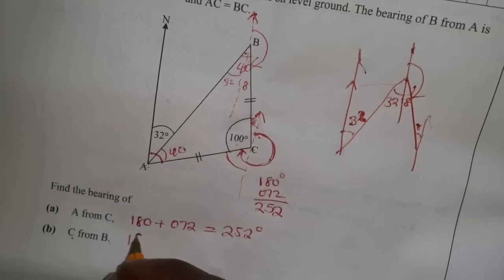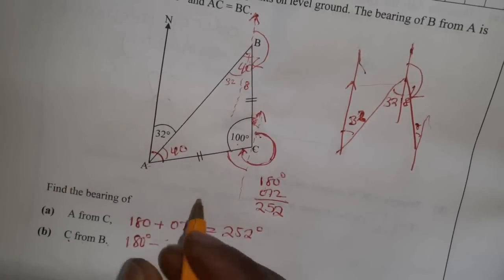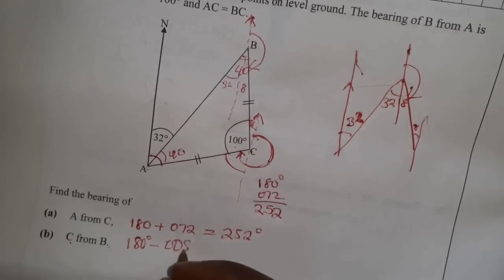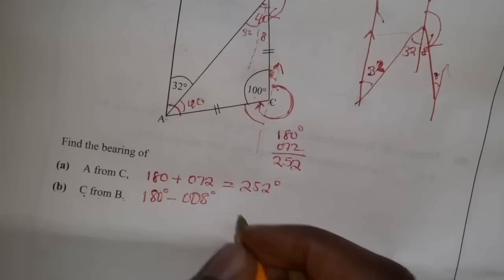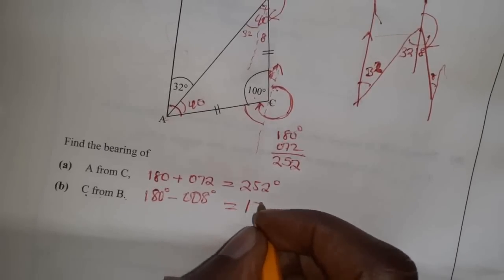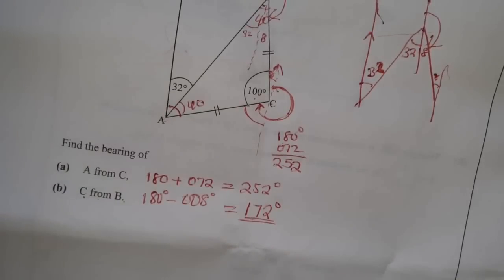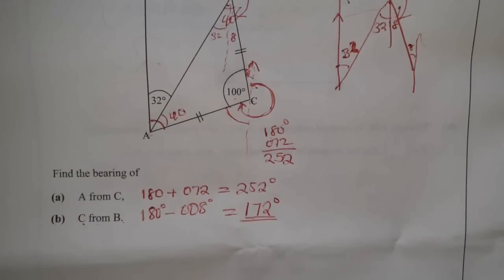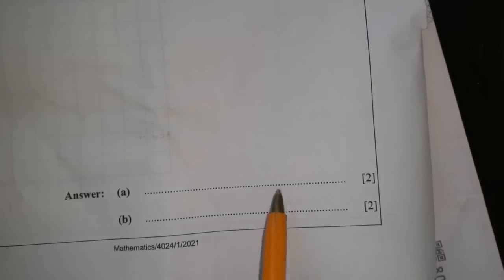We say 180 minus 8. What do we get? This is going to be 172 degrees. I hope these answers are correct. Please don't forget to come and write your final answers here.